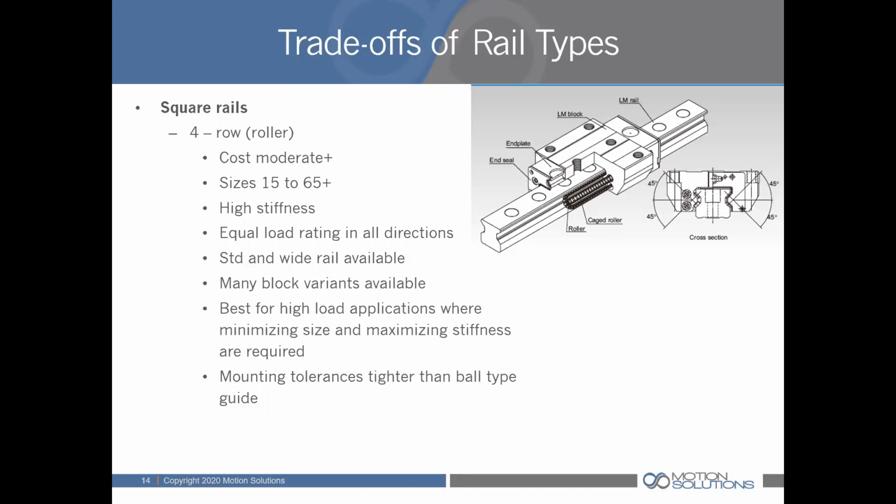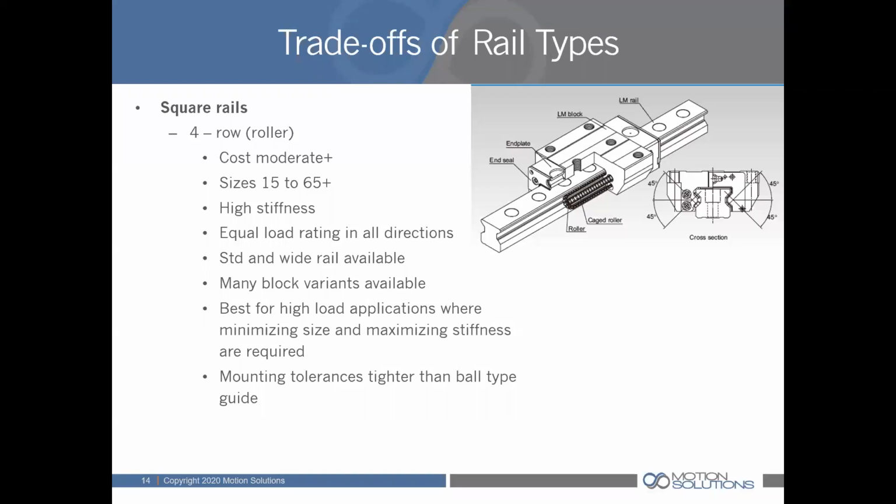Also, that results in higher stiffness of the bearing. So you might look at using these where space is really at a premium. You may get away with using a smaller roller style square rail bearing than you would with the ball type. And if that's the case, that's really worth paying a little bit more.